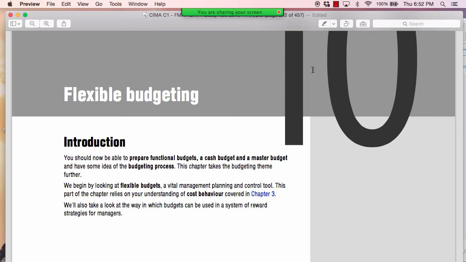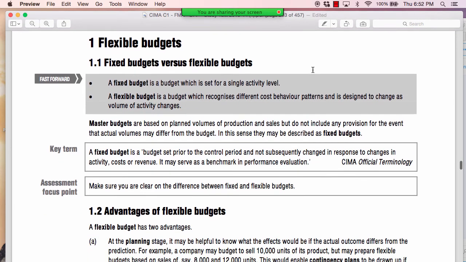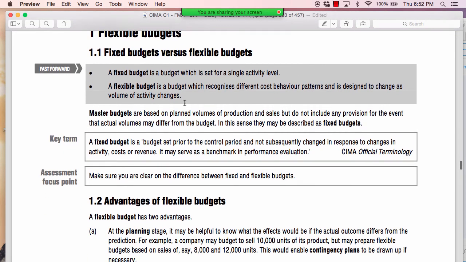Okay, so you gave some very good examples, right? Now they talk about a fixed budget, which is a budget set for a single activity level, and a flexible budget, which recognizes different cost behavior patterns and is designed to change as the volume of activity changes, right? That is exactly what we mentioned.